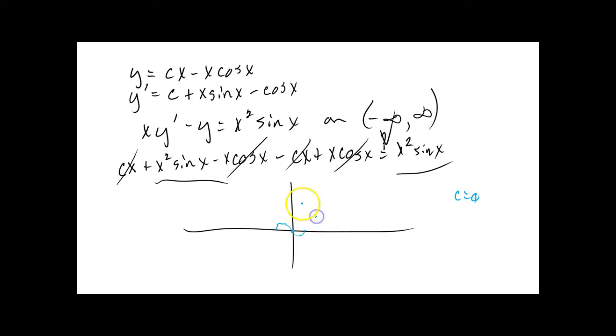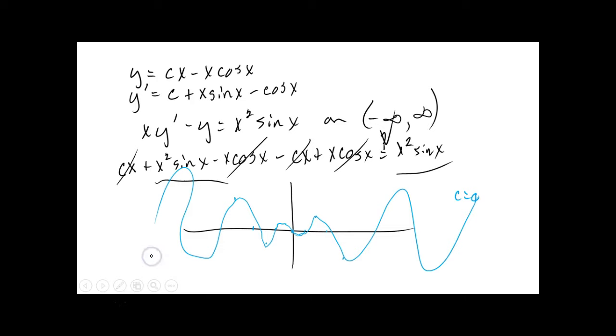I'm just going to estimate it here, and down here you would be at negative pi. Keep on trucking, and when you get to 3 halves pi, you come back to 0 here and 0 here, and at 2 pi, you'll be down here and up here. So you see you got this oscillating curve that's getting bigger and bigger that way and bigger. That's c equal to 0.